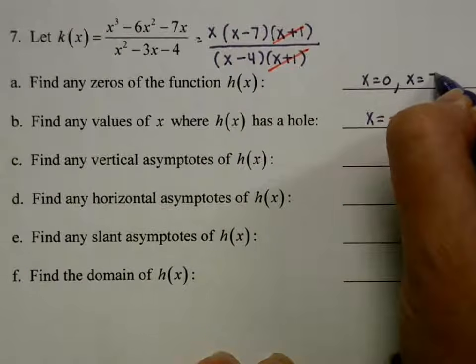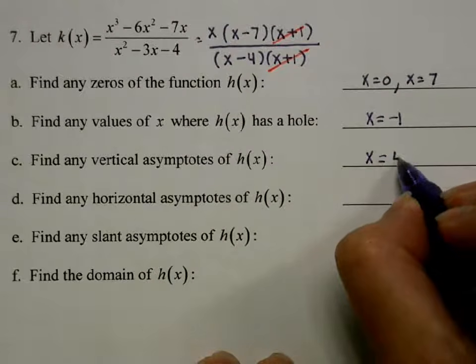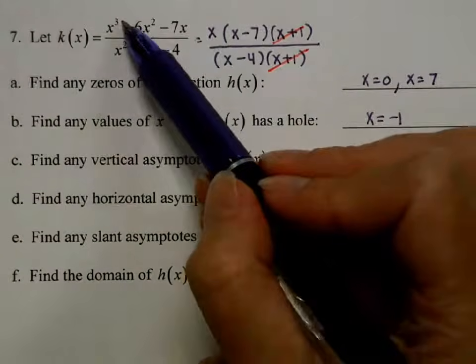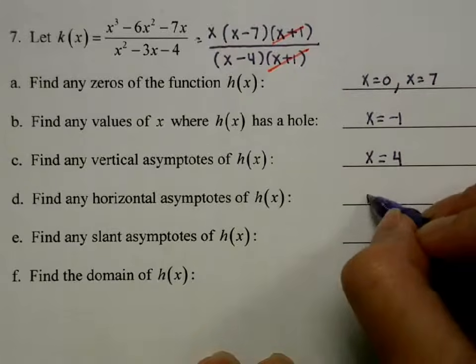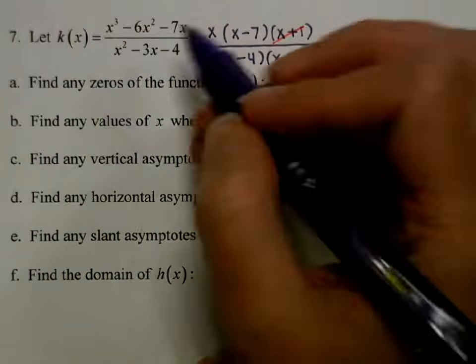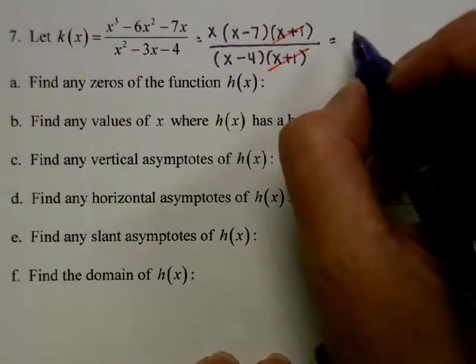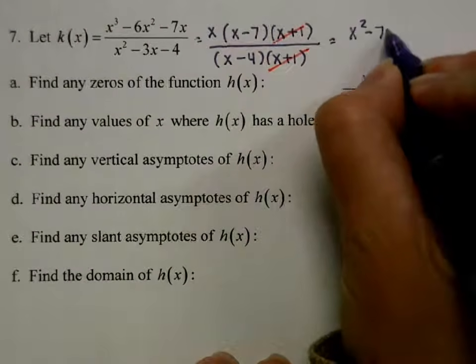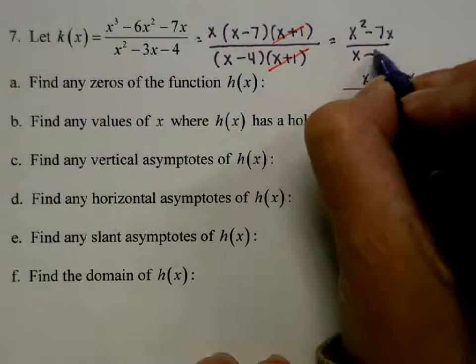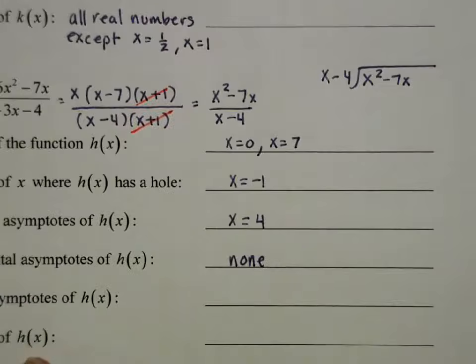Vertical asymptote, x equals 4. The degree is bigger on the top than the bottom, so there is no horizontal asymptote, but there is going to be a slant asymptote. Now, you could do the division with this original one, but I'm actually going to do my division with my reduced form here. You'll get the same answer either way. So we'll go ahead and do the division off here to the side. We'd multiply by x to get that.